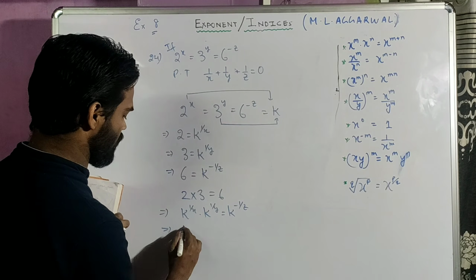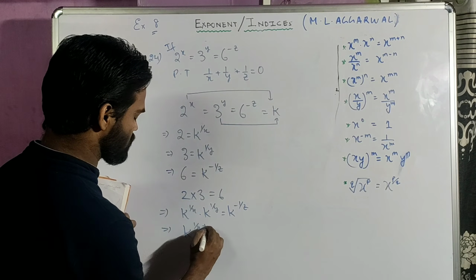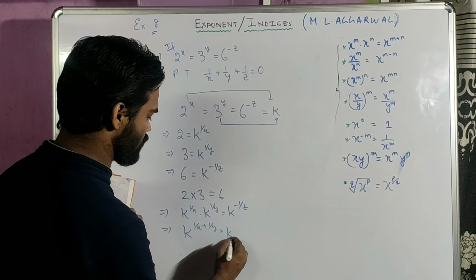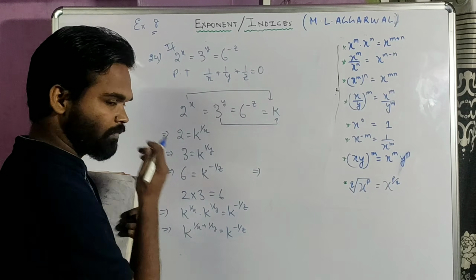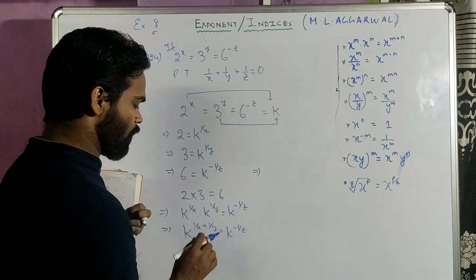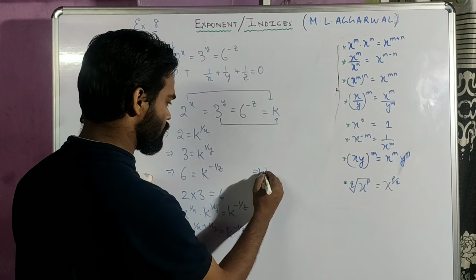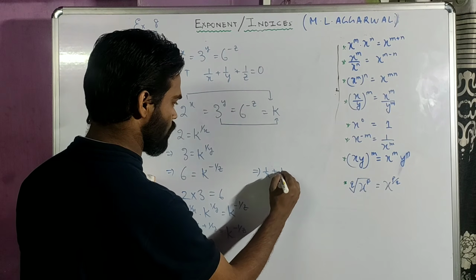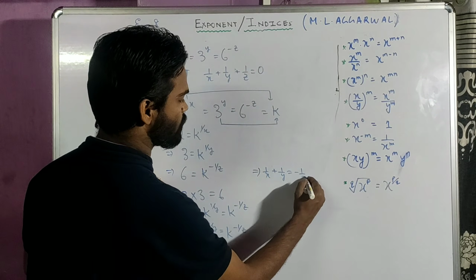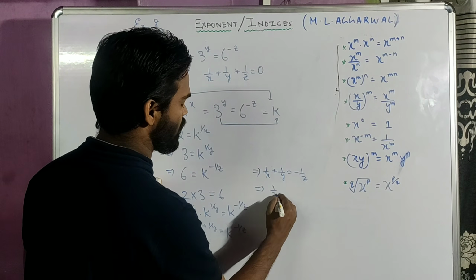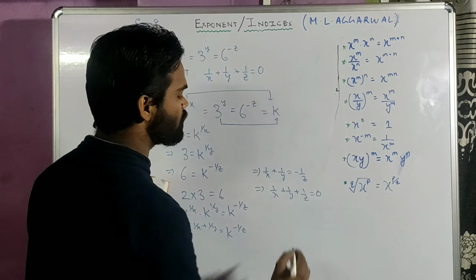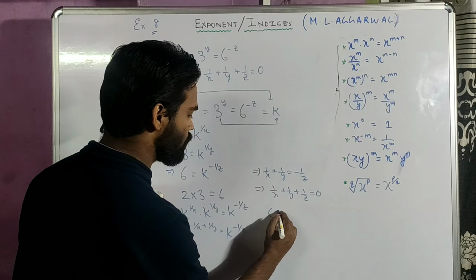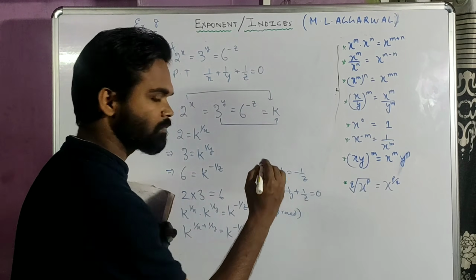Our base is the same, you add the powers, 1 by x plus 1 by y equals k to the power minus 1 by z, which means if the base is the same, the powers are equal, we can say. So 1 by x plus 1 by y equals minus 1 by z, which means 1 by x plus 1 by y plus 1 by z equals 0. True. Done.